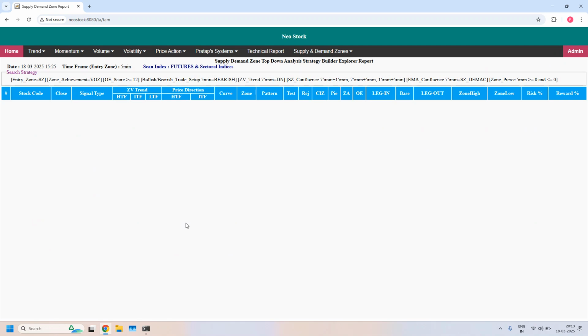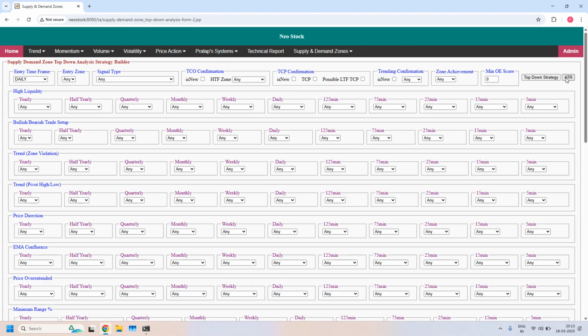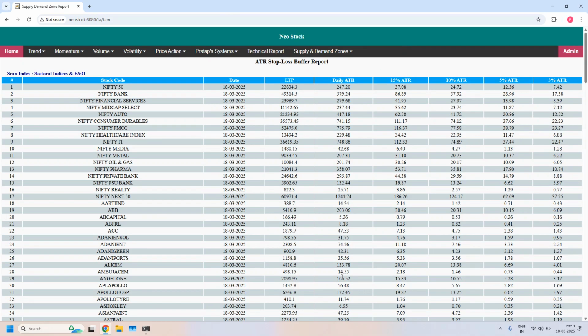So this is about the bearish trade setup for hourly income trade. With this, we have completed all the income trades, and in the final report, let us generate stop buffers based on daily ATR. The first 17 in this list are indices, the remaining are all equity stocks.